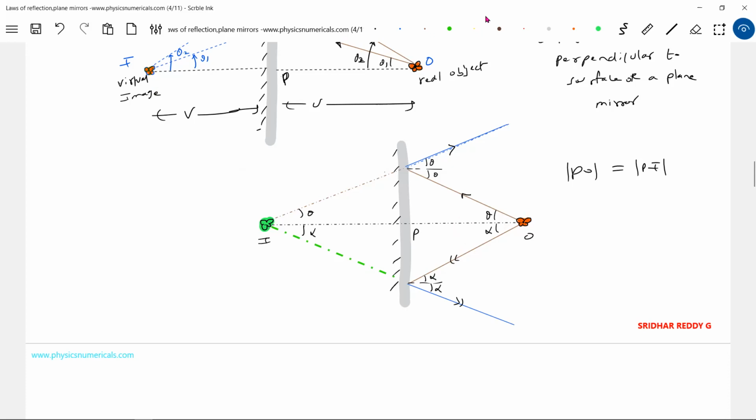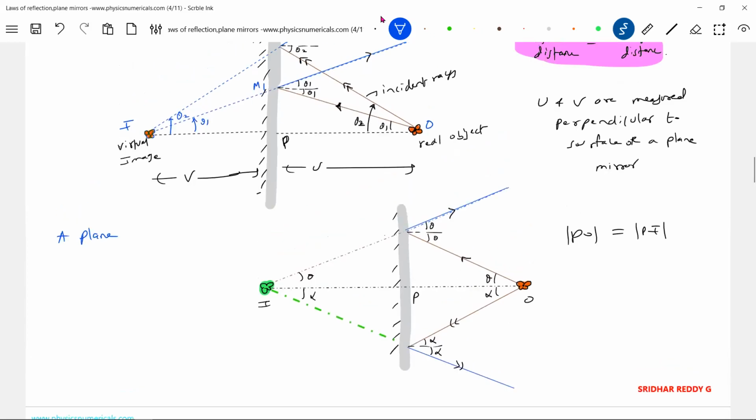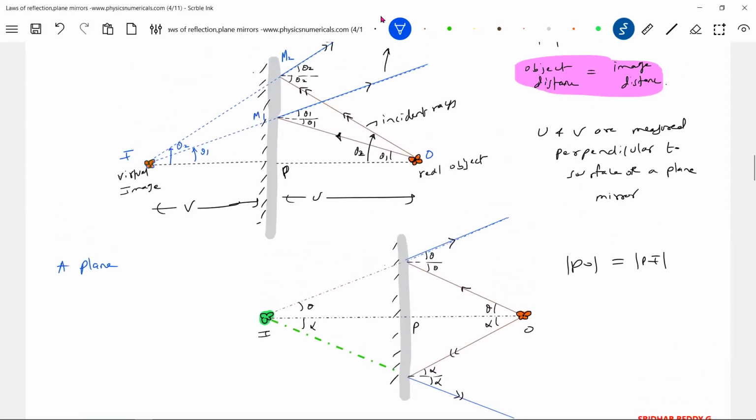There's one very, very fundamental thing. And how are object and image distance measured? Normal to the surface of a plane mirror. So what is the conclusion? I'll show both the situations.